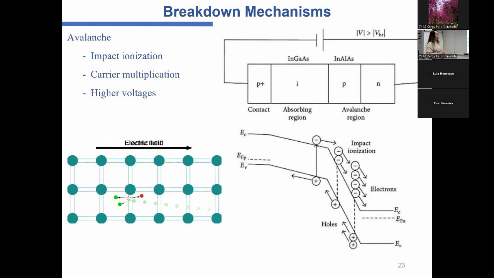But what is happening when we have the avalanche mechanism? We are injecting carriers with an electric field with high energy that could ionize the material and increase the carriers.